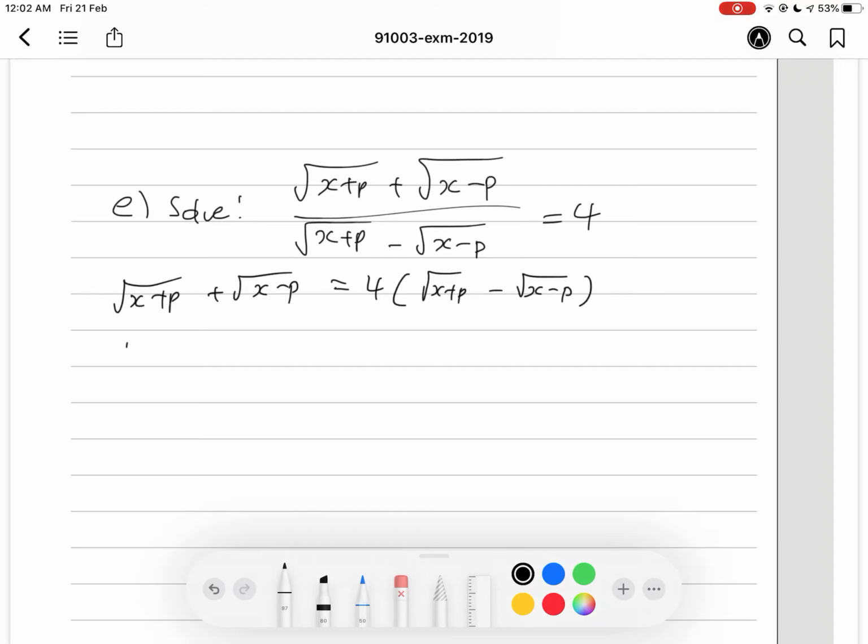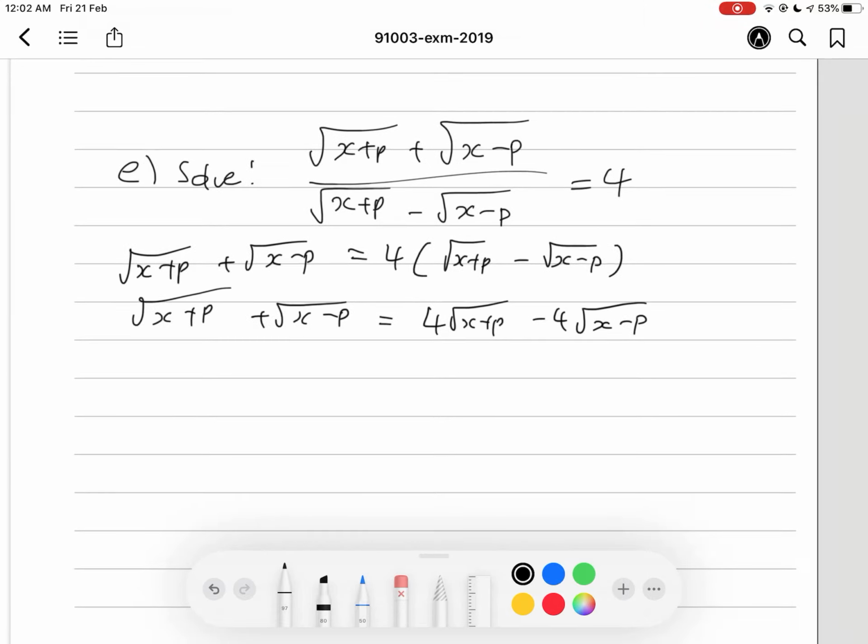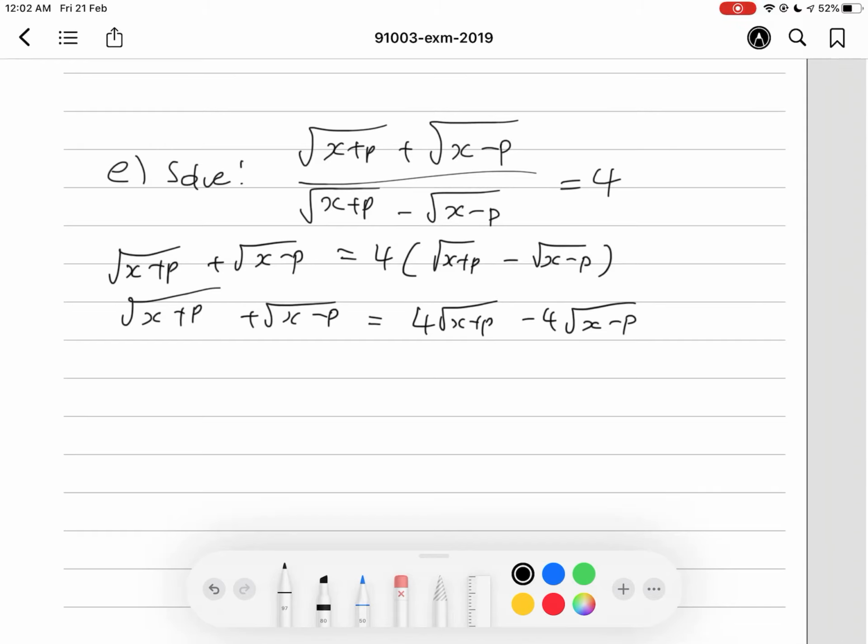Now if we expand the right side of the equation, we'll get square root of x plus p plus square root of x minus p equals 4 square root of x plus p minus 4 square root of x minus p. For this equation right now, we can actually move the left side to the right side, because this is just 1 square root of x plus p, and this is just 1 of square root of x minus p.